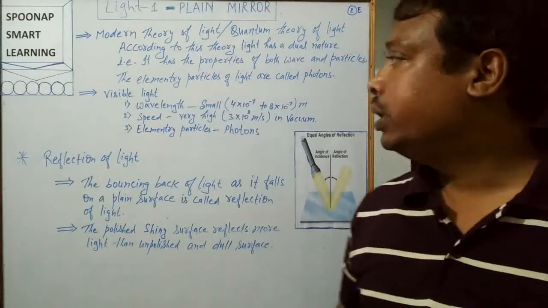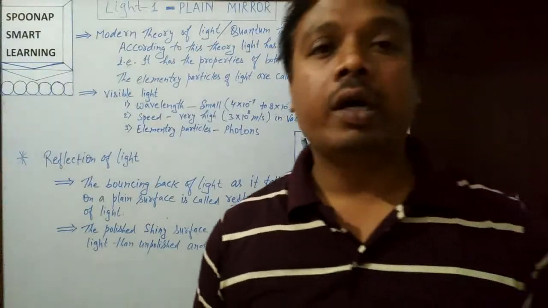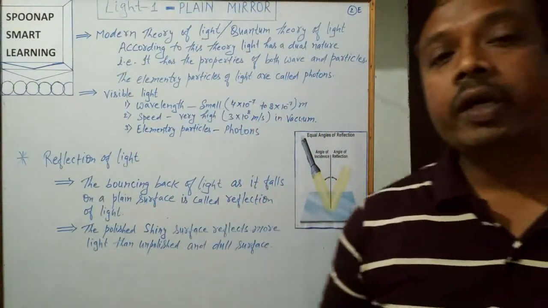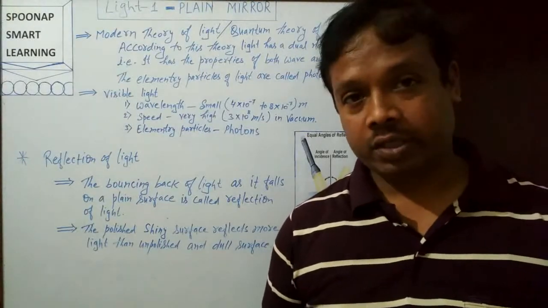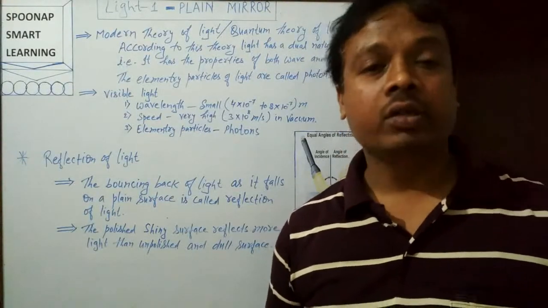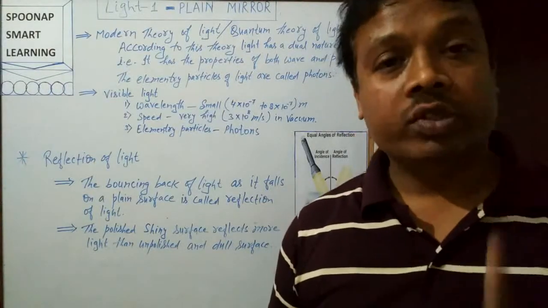Its speed is very high in vacuum, 3 into 10 to the power 8 meters per second. When we convert this into kilometers, we get 3 lakh kilometers in 1 second.